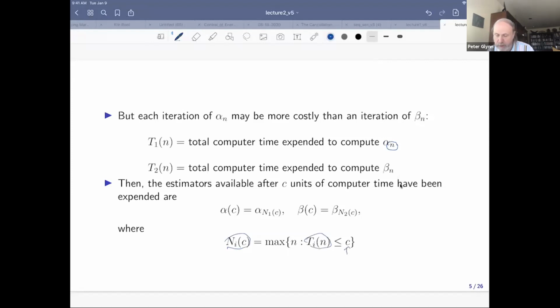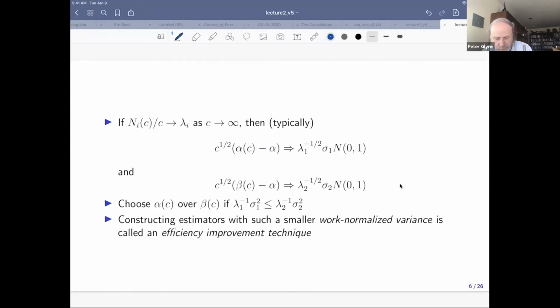and study the convergence rate of those two quantities. So in many settings, there would be some kind of law of large numbers for Ni of C, the total number of iterations that you were able to complete within C units of computer time. And so for example, the law of large numbers might say that Ni of C divided by C converges to some positive constant lambda i.